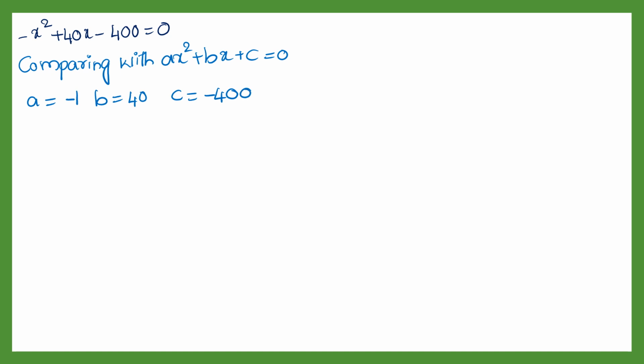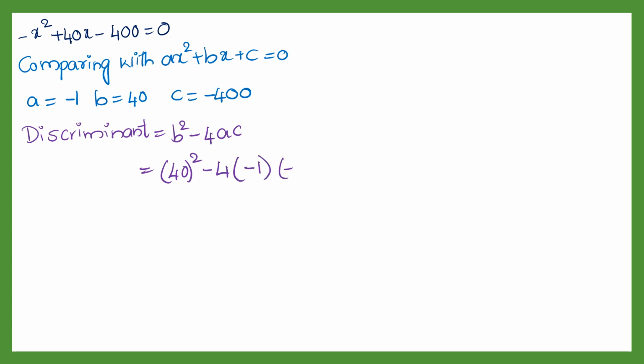Now to find the nature of roots, what should you find? We should find the discriminant. Discriminant is what? b square minus 4ac. So b square means 40 square, minus 4 into a, which is minus 1, into c, which is minus 400. 40 square is what? 1600.